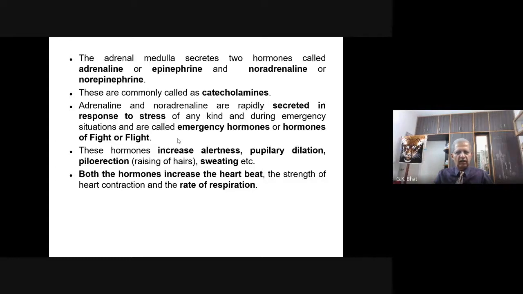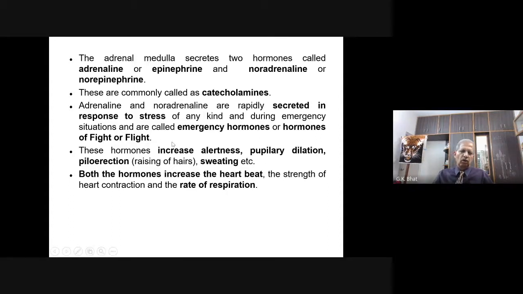So adrenaline and noradrenaline are rapidly secreted in response to stress of any kind and during emergency situations. Therefore, they are called emergency hormones or hormones of fight, flight, and fright. That is the fear. These hormones increase alertness, pupillary dilation, piloerection, and sweating, etc.